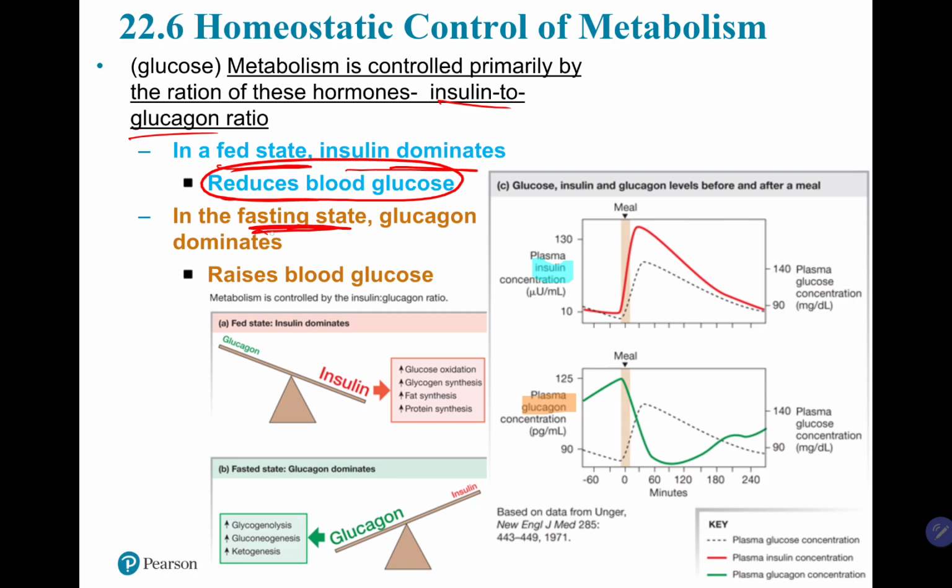In a fasting state, when you haven't eaten, glucagon dominates. Glucagon raises blood sugar because you're in a fasted state. You haven't eaten, right? So your blood sugar is going to be low. So let's raise our blood glucose levels, okay? Because if your blood glucose levels are low, you're probably going to be maybe confused, right? In a state of hypoglycemia.